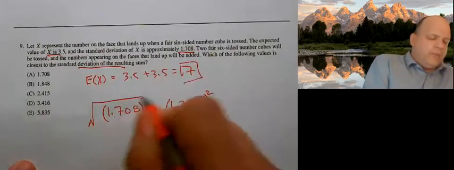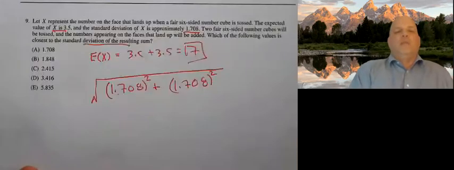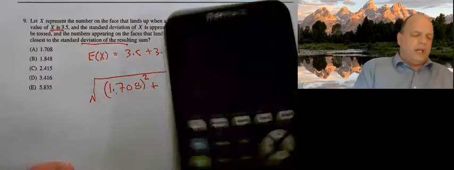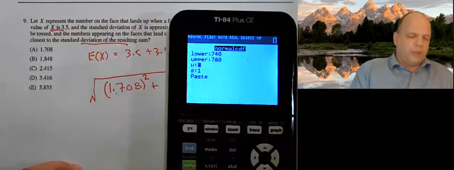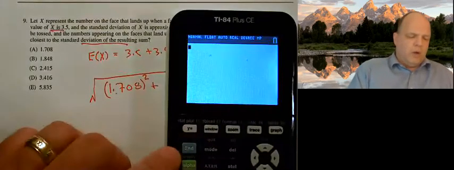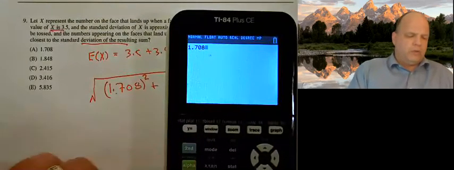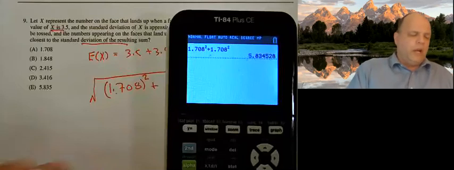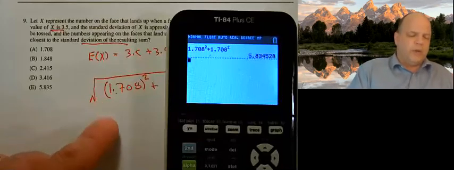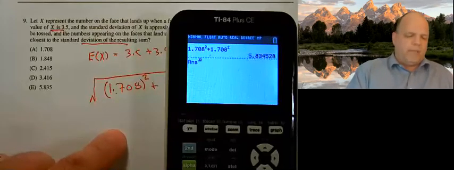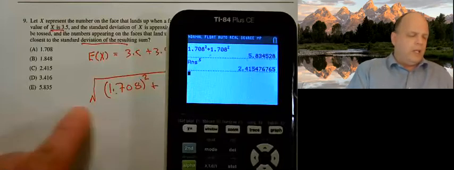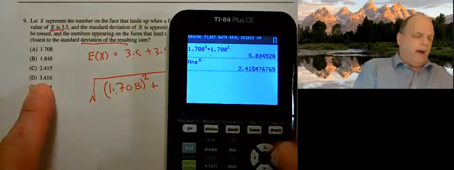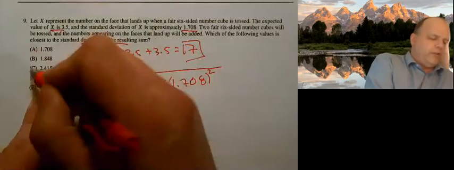Then we can add them, and then we can take the square root. So in this particular case, 1.708 squared plus 1.708 squared equals, now don't forget to come back and take the square root of that. So I'm just going to raise it to the half power. And I end up getting 2.415 is my best answer.